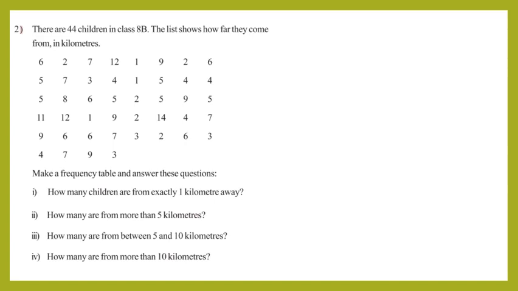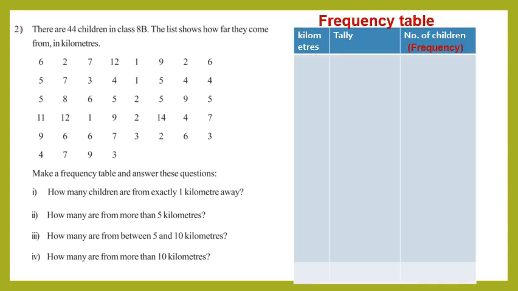Okay, let's start. First of all, make a frequency table. Here the first column is for kilometers, second for tally marks and third column for frequency, that is number of children. Then let's find the shortest and longest distance in the given kilometers. Yes, longest distance is 14 and shortest distance is 1 kilometer.